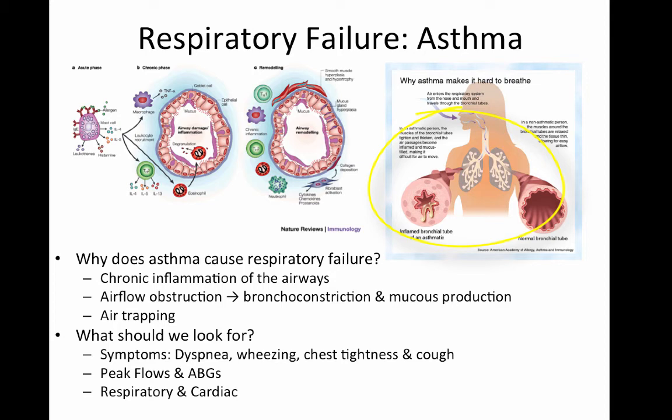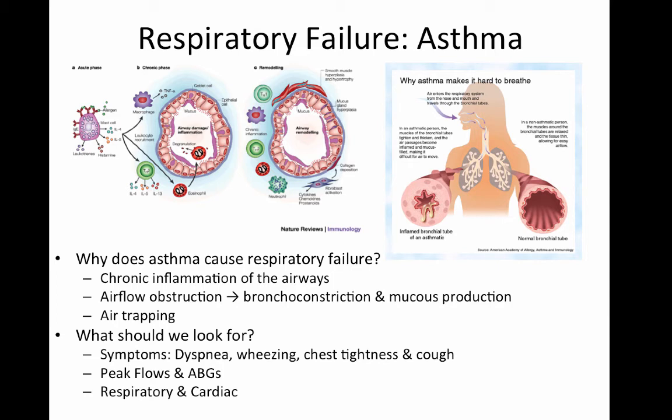You get muscle spasm and thickening of the airway wall, and because this is a repeated process, asthma is a chronic disease that's marked by exacerbations and times when our asthma is under control. And so because of this chronic inflammation, you wind up with remodeling of the airway.